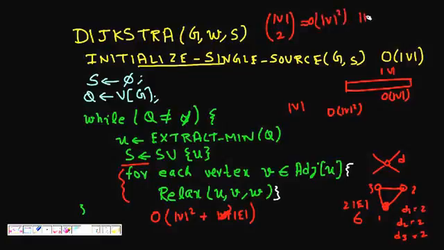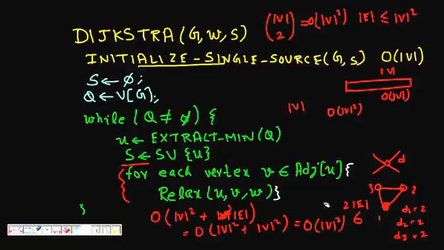So |E| is less than or equal to |V| square, hence this is O of |V| square plus |V| square, which is O of |V| square.